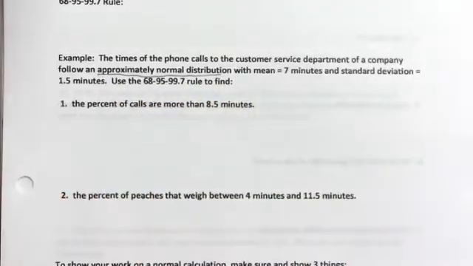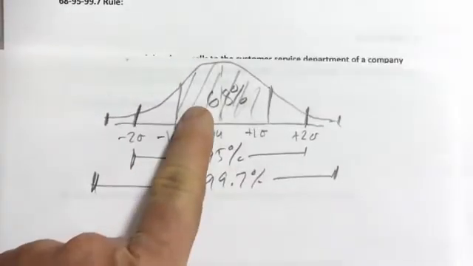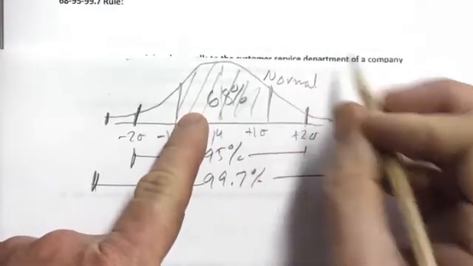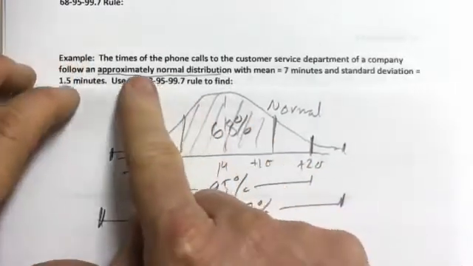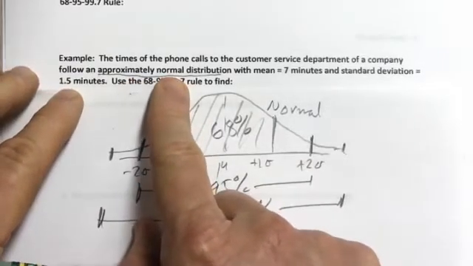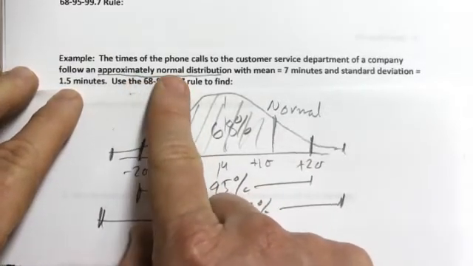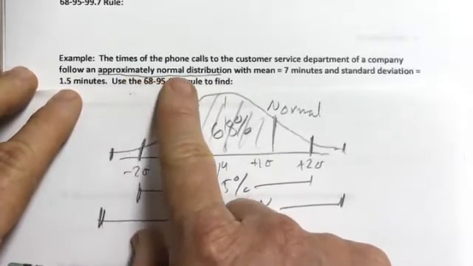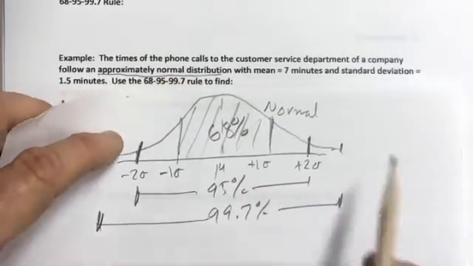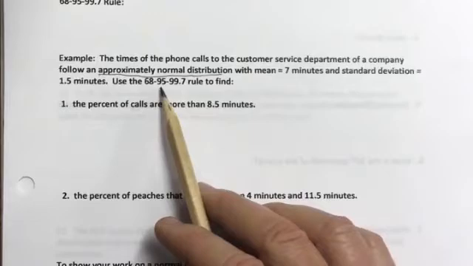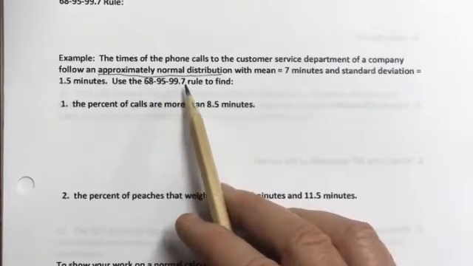And by the way, there's really no real distribution that follows the normal curve exactly, so anytime you say the word normal, you ought to say approximately normal, unless you're dealing with a strictly theoretical problem, which we do sometimes. So we always say approximately normal distribution. In this case, we have a mean of 7 and a standard deviation of 1.5 minutes. Use the 68, 95, 99.7 rule to find the following.